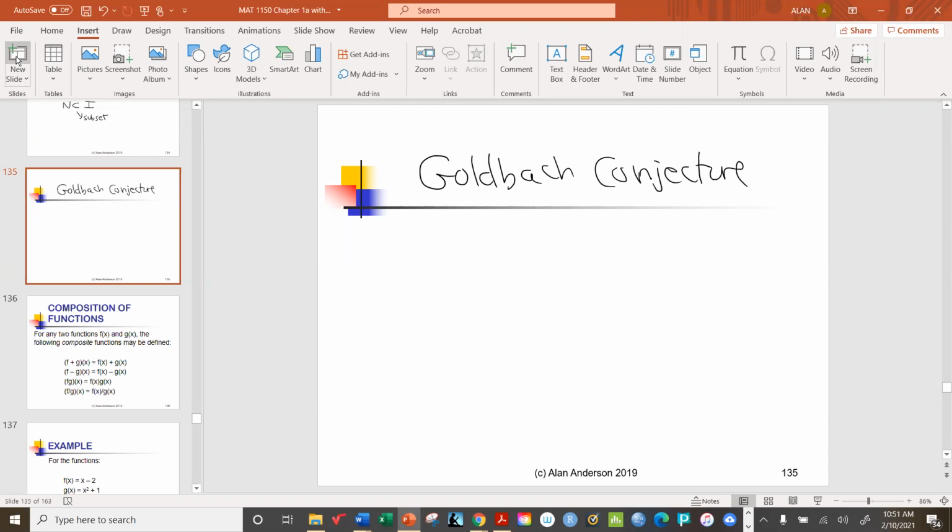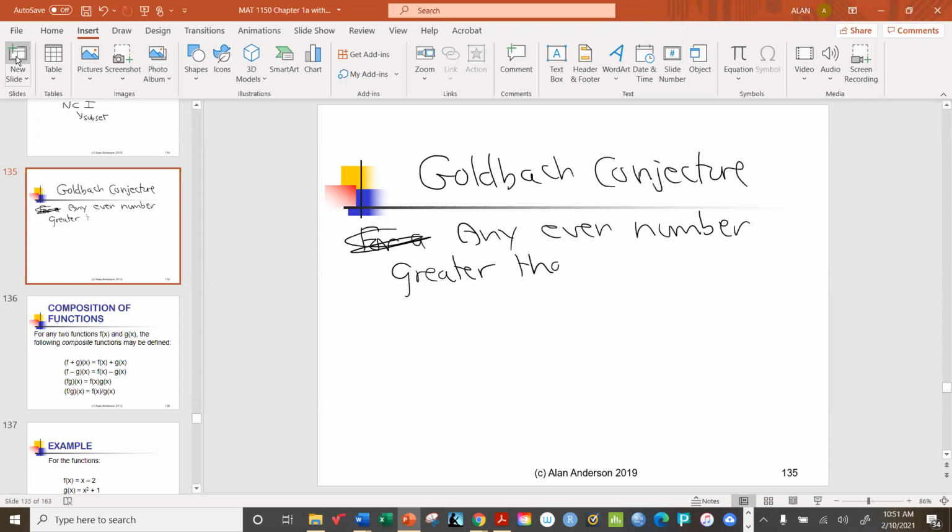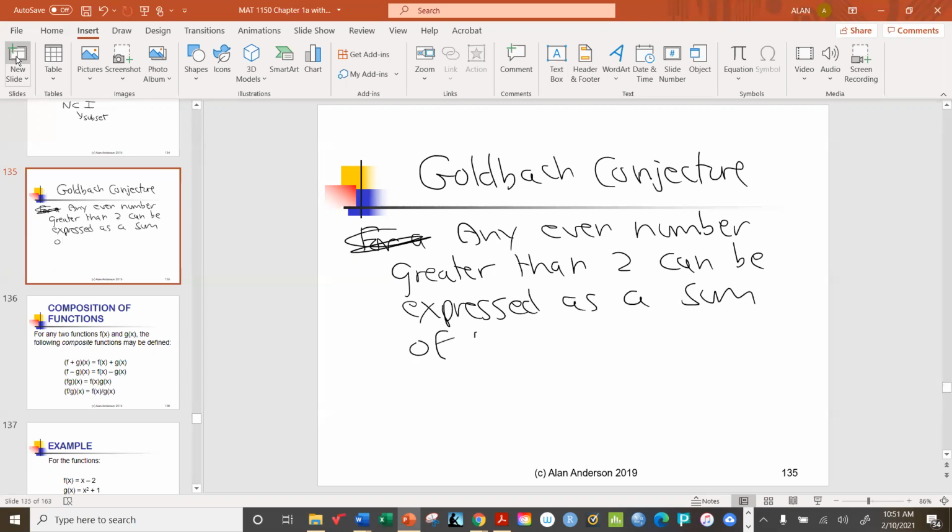Basically, all it says is this: any even number greater than 2 can be expressed as a sum of two prime numbers.